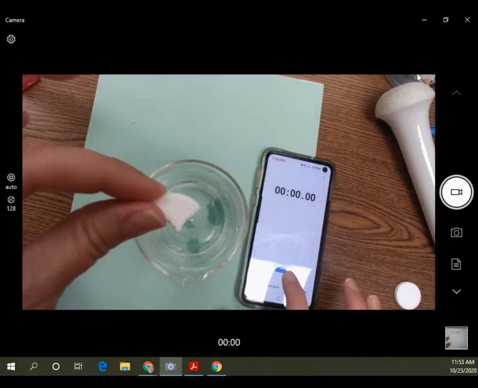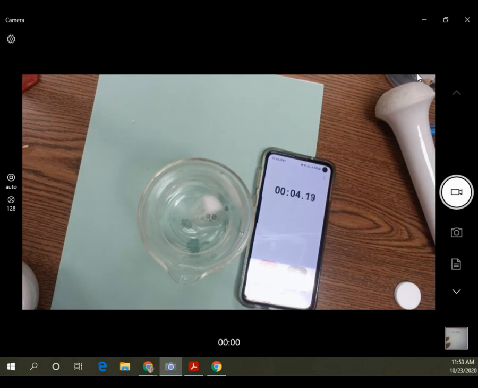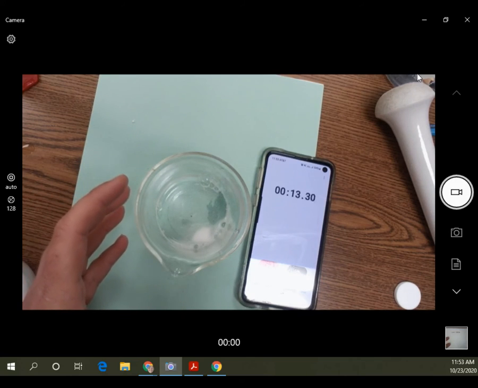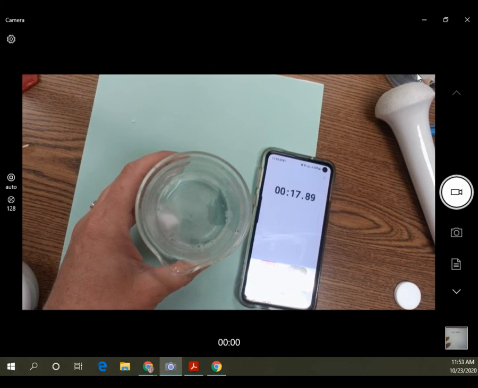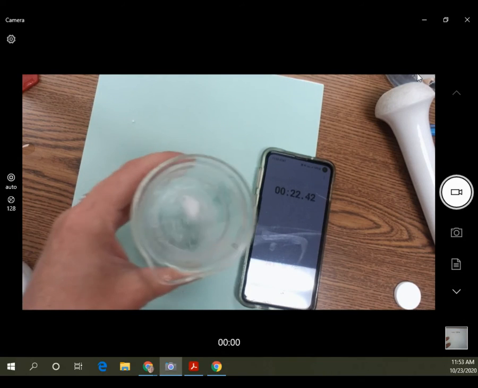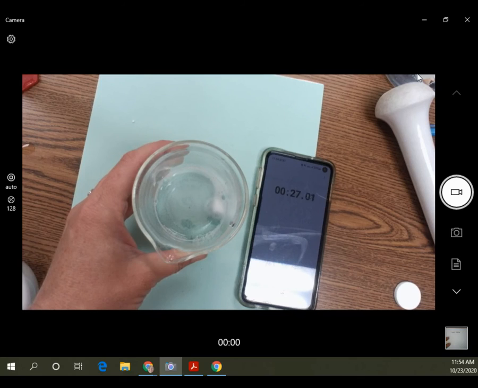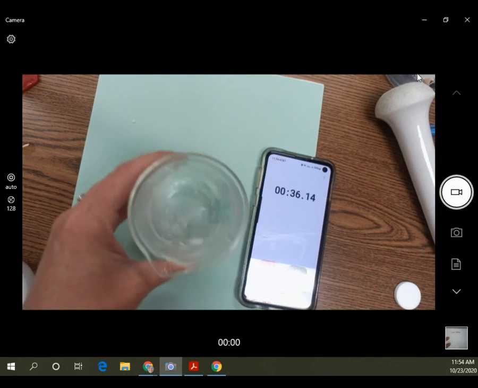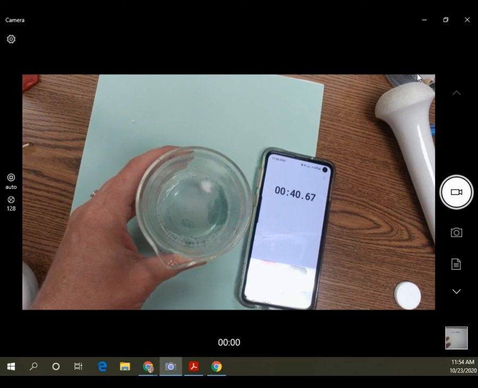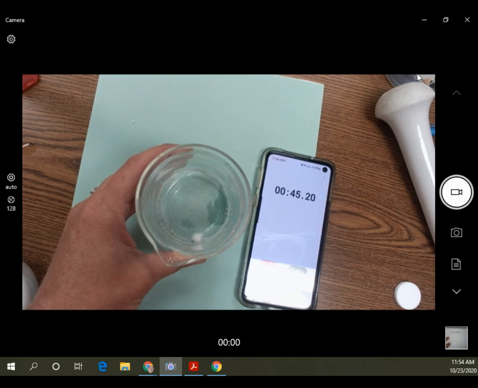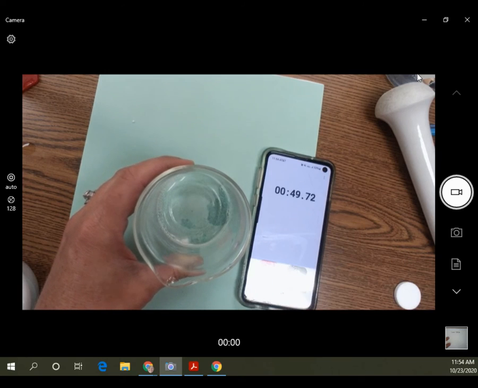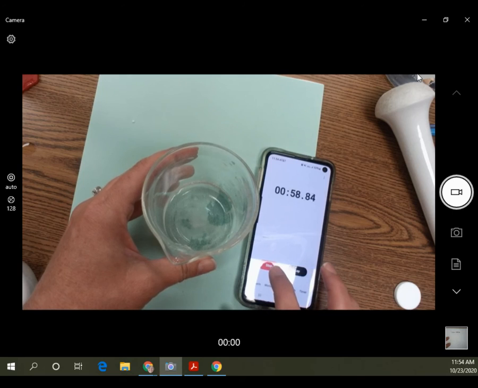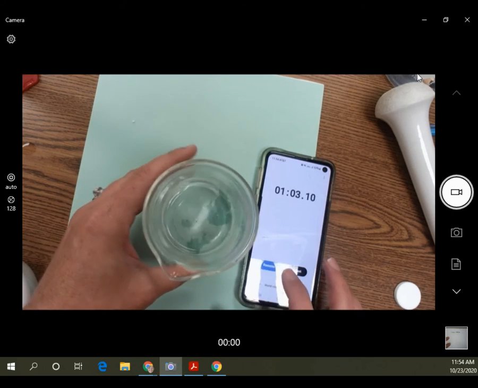We have a quarter piece, and we're going to say ready, set, go. 1 minute and 3 seconds.